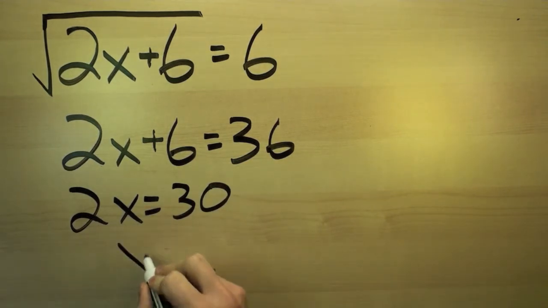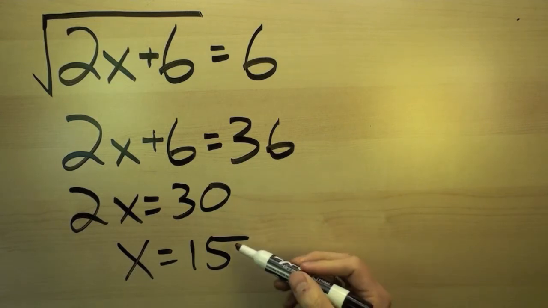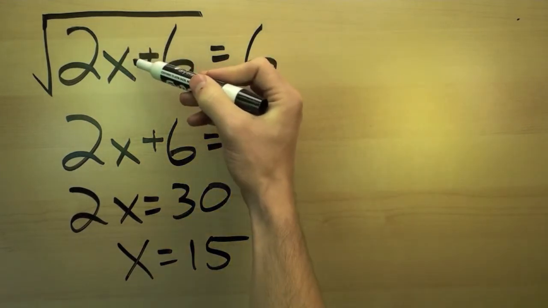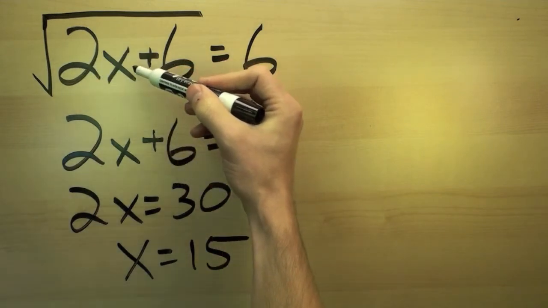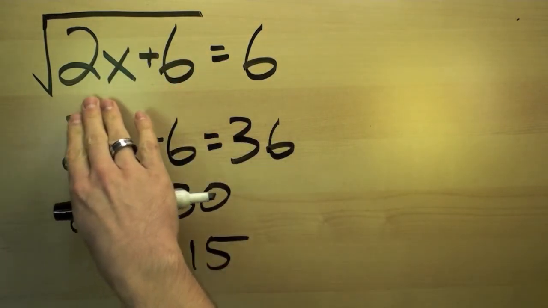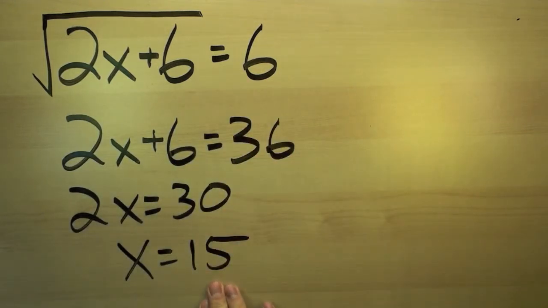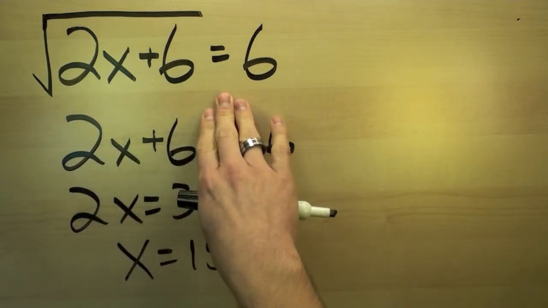Divide by 2, we get x equals 15. Now if we plug x equals 15 back into the original equation, we get 2 times 15, which is 30, plus 6 is 36, and the square root of 36 is equal to 6. So x equals 15 is in fact a solution to this equation.